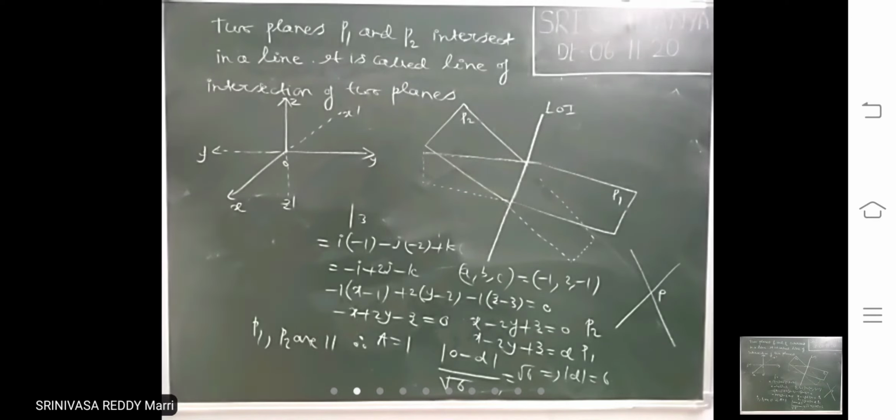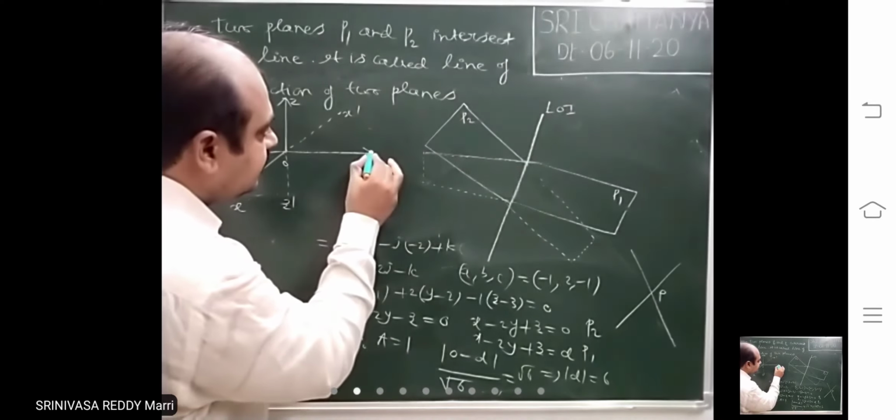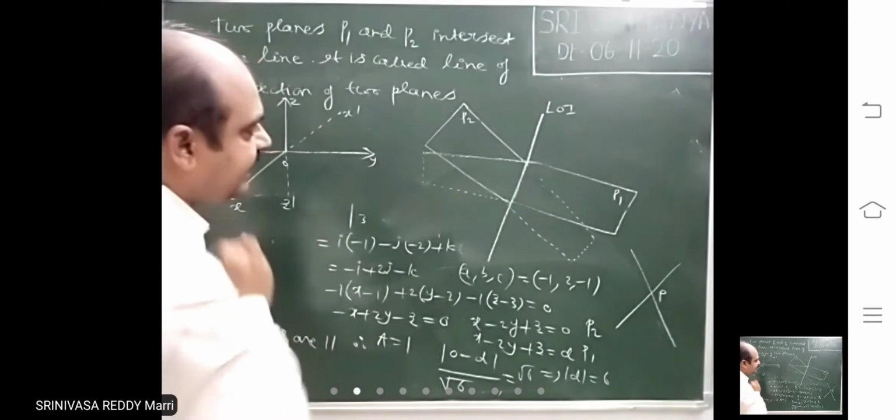What is the line of intersection of the xy plane and yz plane? The common line is the y-axis, that is called the line of intersection of the xy plane and yz plane.